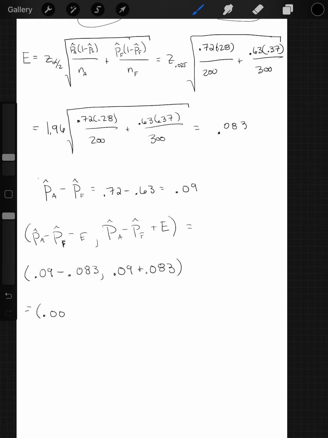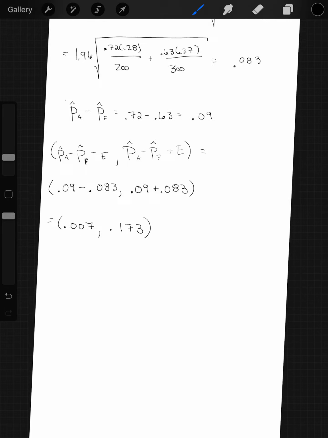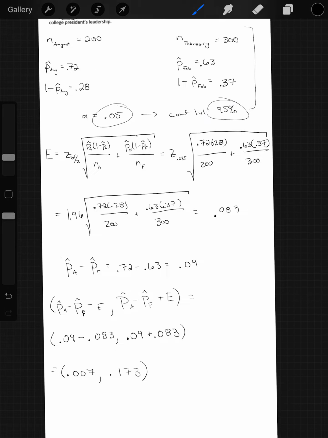So this is going to be 0.007 and 0.173. Right, so we can look at this and we notice that both of them are positive.